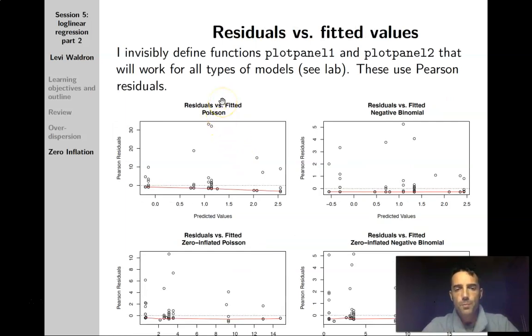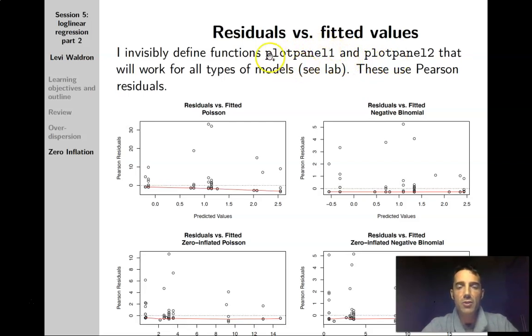For these zero inflated models, the residuals plots are not quite as easy to do. They're not built into these packages. So I actually defined a couple of functions behind the scenes here, and I'll put them into the lab codes to make it easy for you to see them.